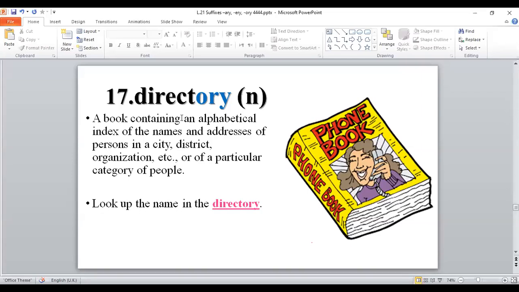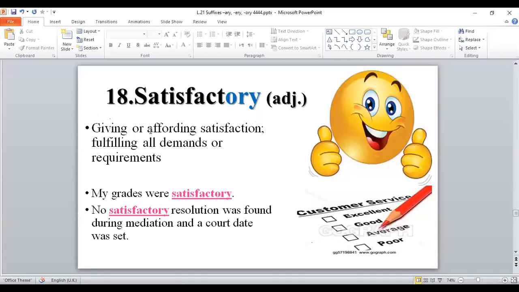You buy it from the bookshop or bookstore, and in this book you will find the names of people, their numbers, the numbers of hospitals, or the address of a person in a city or in a district. We call it a directory. Like here, look up the name in the directory, because it's a book, and a book is a thing, so it will function as a noun.